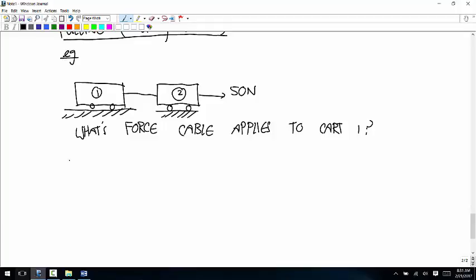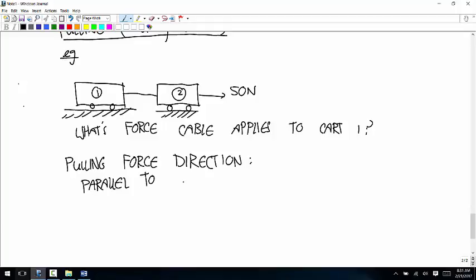Okay, and the rules for a pulling contact. So the pulling force direction is parallel to the cable and away from the chosen body.